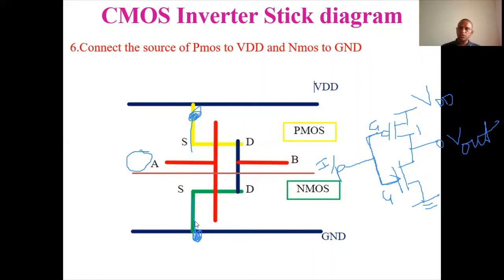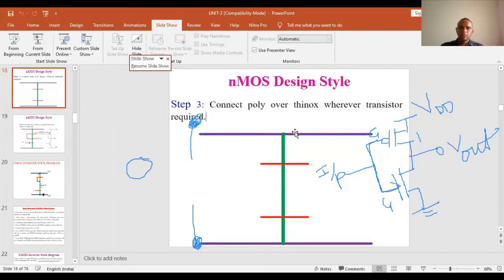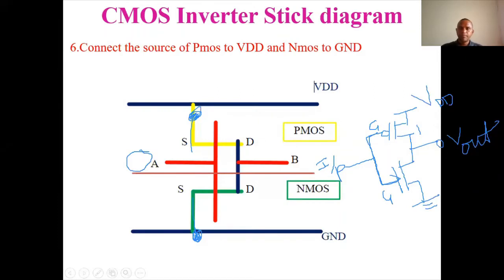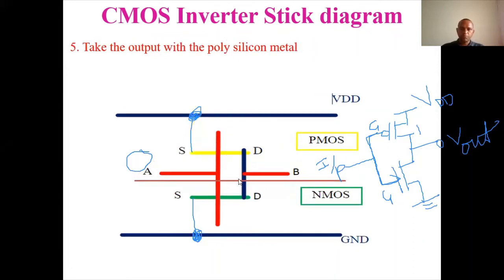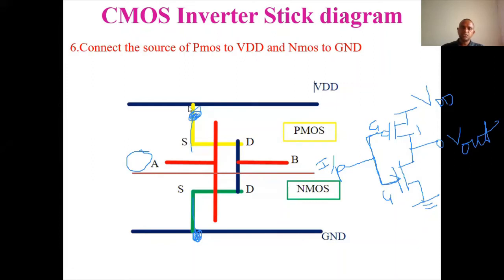Therefore here we are connecting this diffusion. After taking the input and output, what we have to do is consider the contact cut between VDD and the source of this PMOS, and the source of this NMOS.